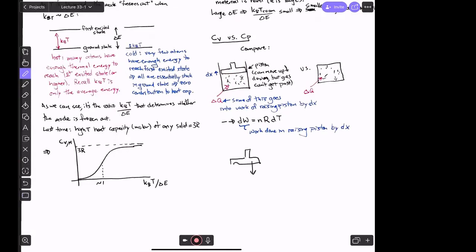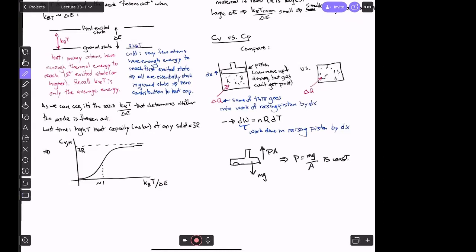It has its weight pulling down on it, and it has the force from the gas, which is the pressure times the area of the piston, pushing up on it. If it's not moving, those two balance. Even as it moves up and down, those two forces are going to balance as long as it's moving slowly or at constant speed. Therefore PA equals mg, and so the pressure equals mg divided by A, which is constant.